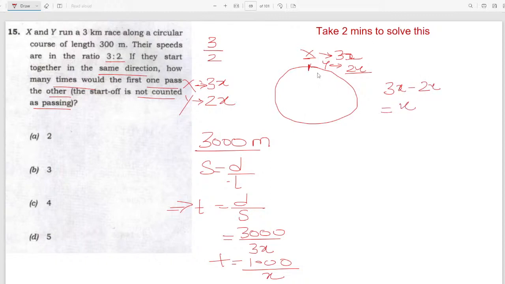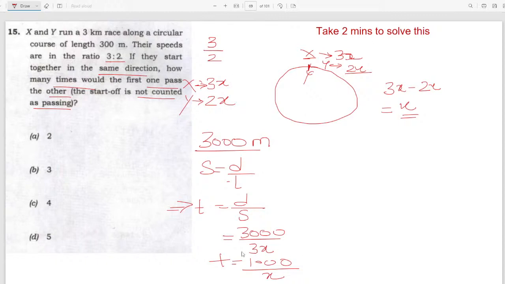So the relative speed of X with respect to Y would be only x, because both are traveling in the same direction. That's why we have to subtract the speeds to calculate the relative speed. So Y would be stationary at this point, and X would be traveling at x speed on this circular track. For how much time would he be traveling?